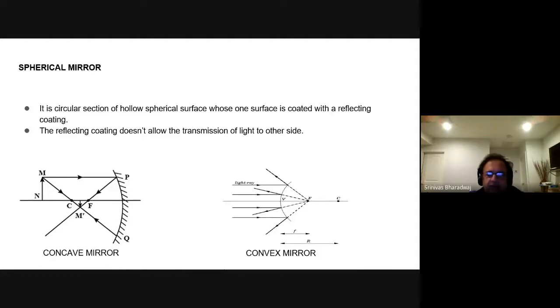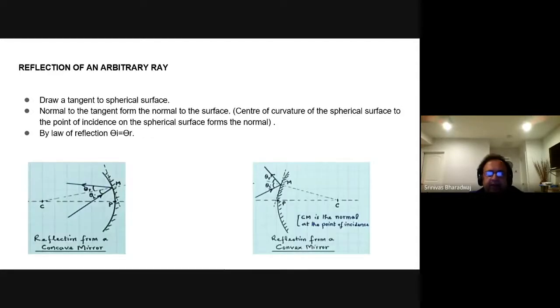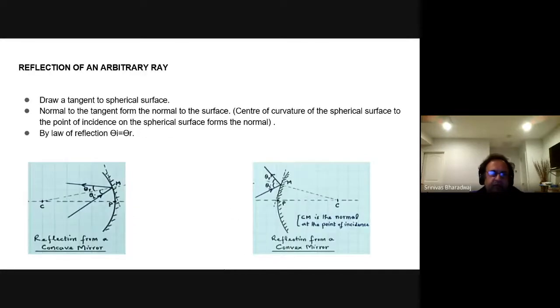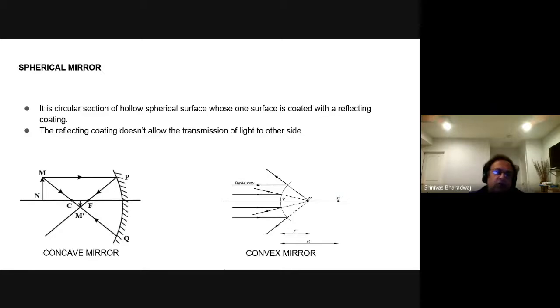And typically that is how the geometry of all this works. 1 by U plus 1 by V equals 1 by F, and V by U also equals the corresponding magnification. What is the magnification?